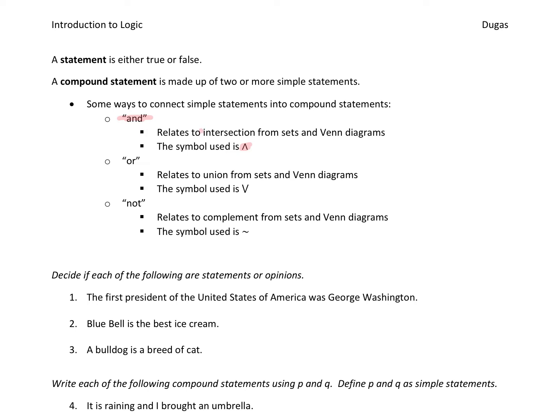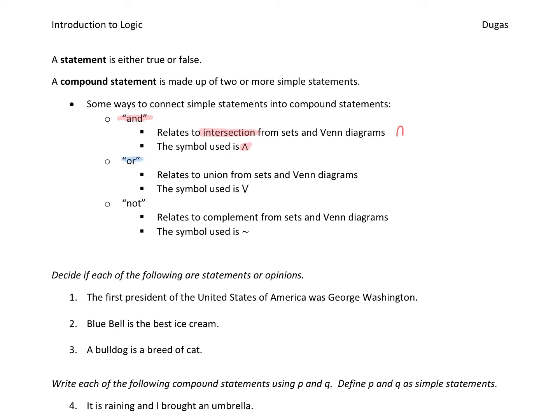We talked about intersection when we looked at Venn diagrams and sets from earlier videos. An intersection looked like an upside down U. So when you're talking about sets and Venn diagrams, you will use the upside down U. When you're doing logic, you're going to use the upside down V, but it has the same meaning, it's and.